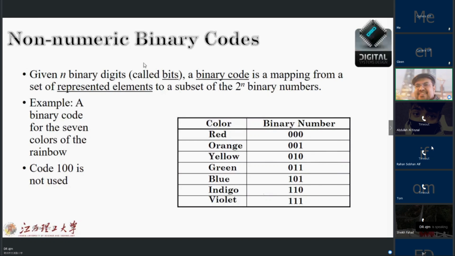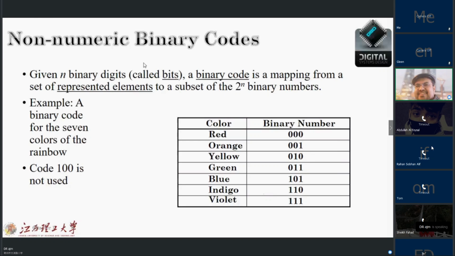Suppose we are given n binary digits, which we call bits. A binary code can be a mapping representing elements, and you know that if you have n bits, you can have 2 to the power n binary numbers. Suppose I want to show binary numbers for the 7 colors which we have in the rainbow.